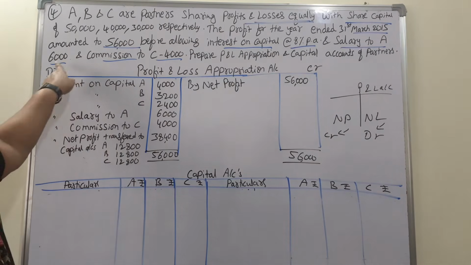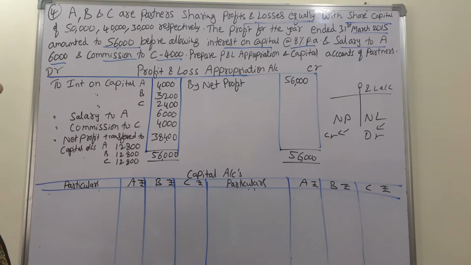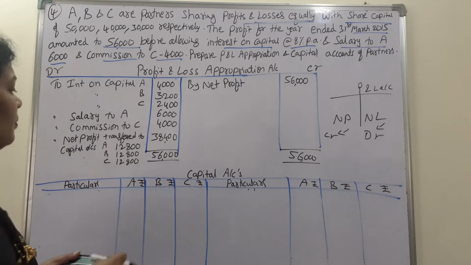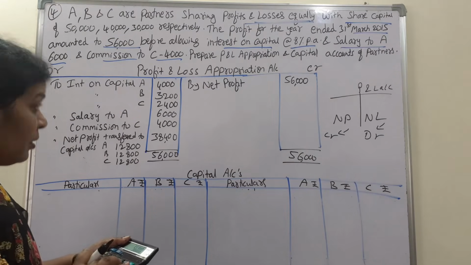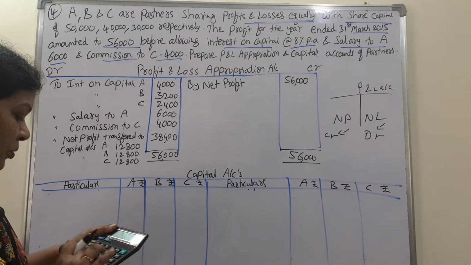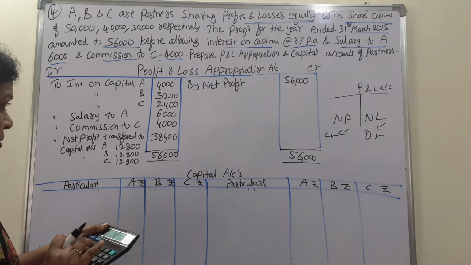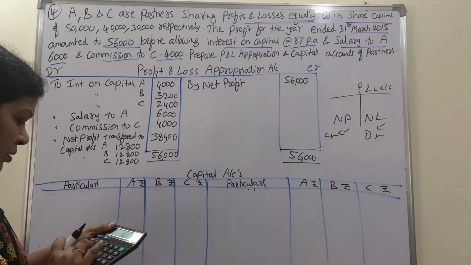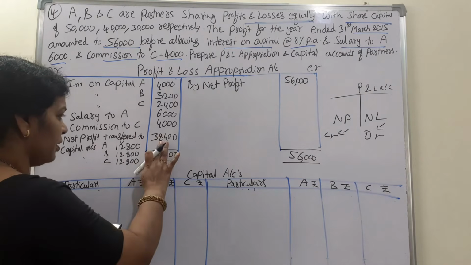Salary to A 6,000. Commission to C 4,000. And that's all. We'll check this calculation once again. 56,000 minus 4,000 minus 3,200 minus 2,400 minus 6,000 minus 4,000, which is 10,000, gives 36,400. Oh sorry, I had written 38,400.